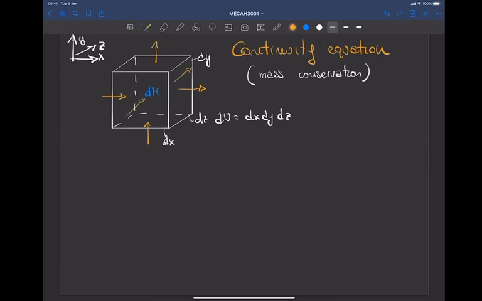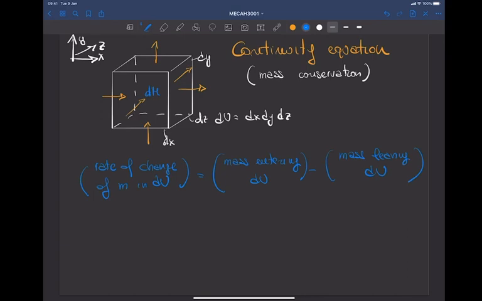Okay, so what we have to do is to translate into equations a very simple conservation law, which is: the rate of change of the mass in dV will equal the mass entering dV minus the mass leaving dV.